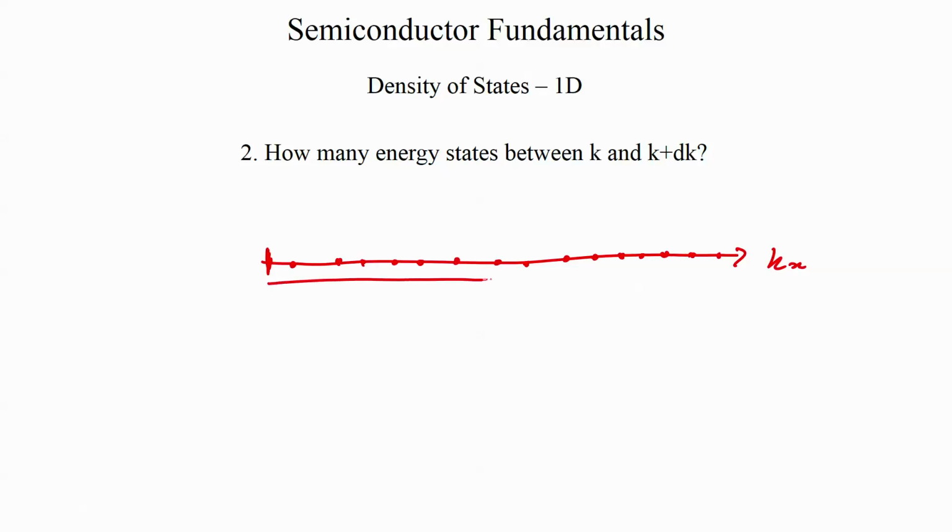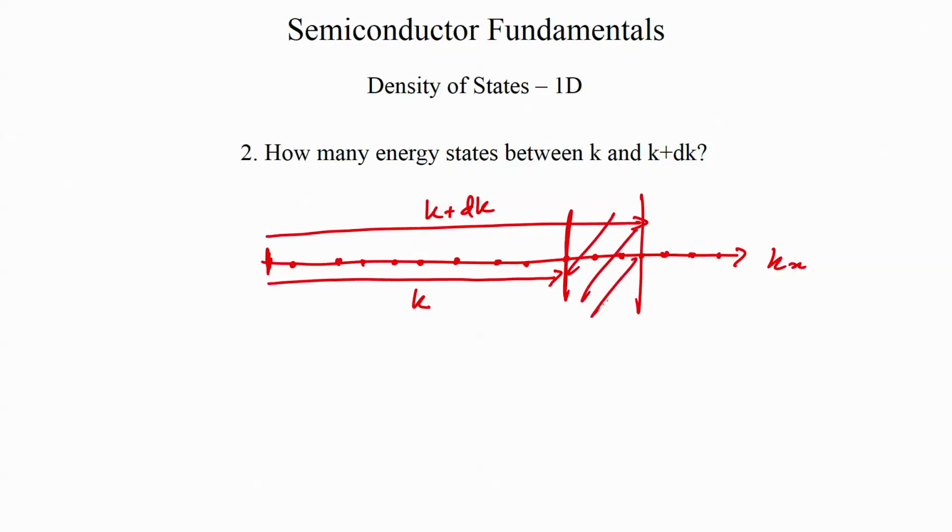My k is going to be this long, and my k plus dk is there. What I am interested in is the number of solutions in this region, and this region has a length of dk. So how many solutions exist in this region between k and k plus dk? That is my question.